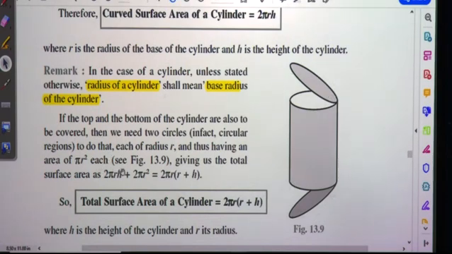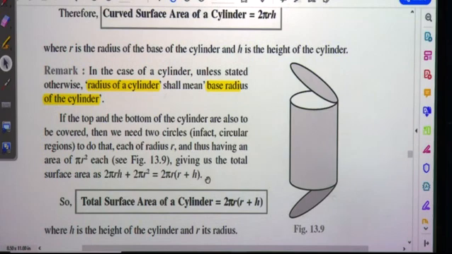See figure 13.9, which gives us the total surface area as 2 pi r h plus 2 pi r square, which is equal to 2 pi r in bracket r plus h. Total surface area of the cylinder is curved surface area 2 pi r h plus the area of the two circular regions, 2 pi r square.